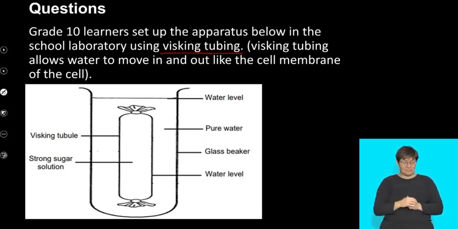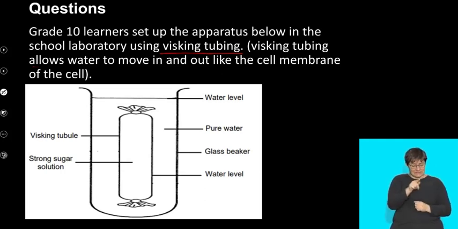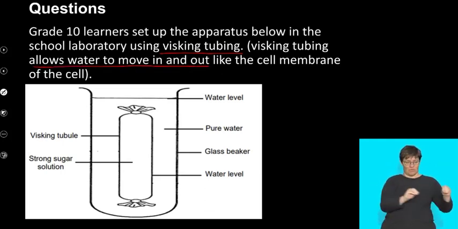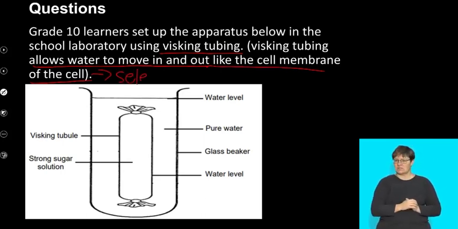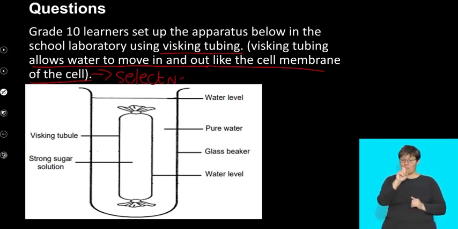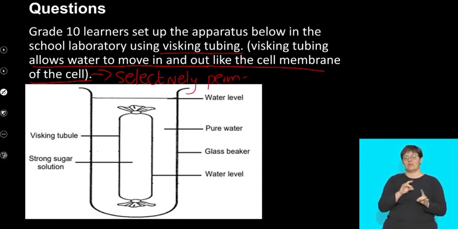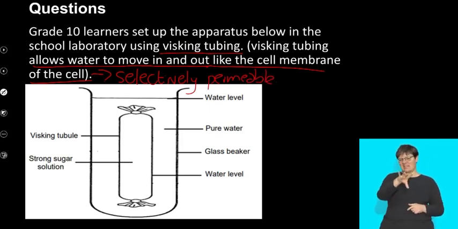They've said that visking tubing allows water to move in and out like the cell membrane of the cell. So what is it telling you here? It's telling you that this membrane is selectively permeable. As I said, differentially, some of you might even use the word semi-permeable.